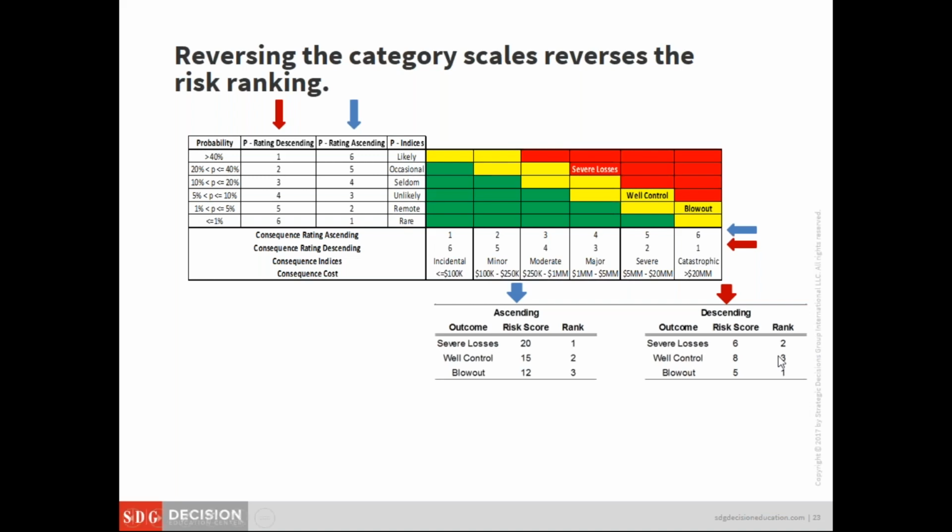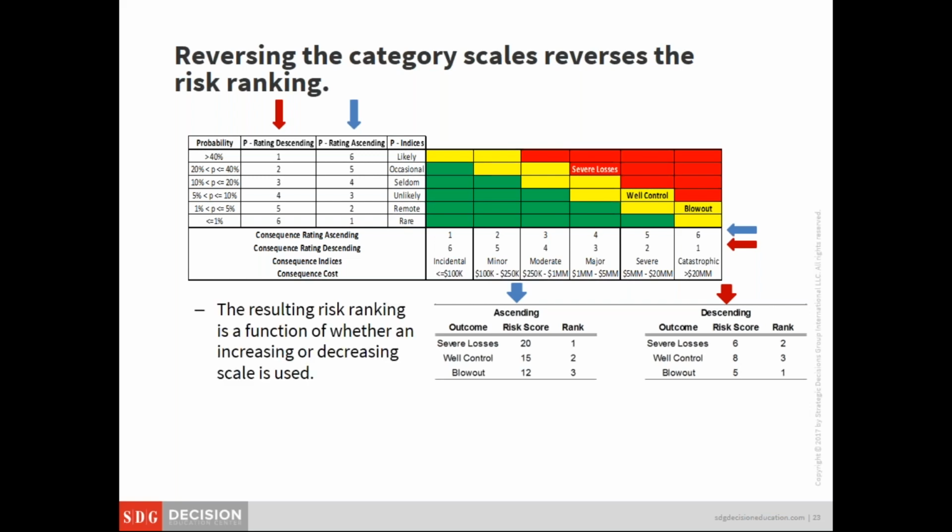So simply by changing whether we count up or count down, we get a complete reversal of the rank order of these risks. And if we have scarce resources and we're trying to decide which of these risks we should address, the completely arbitrary decision of counting up or counting down changes the decision that you make.